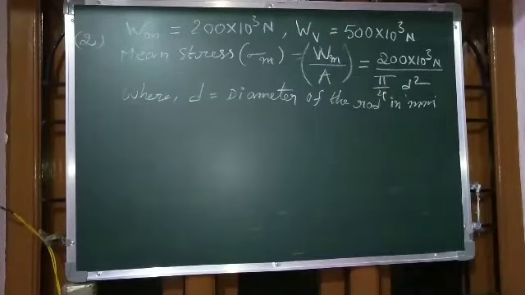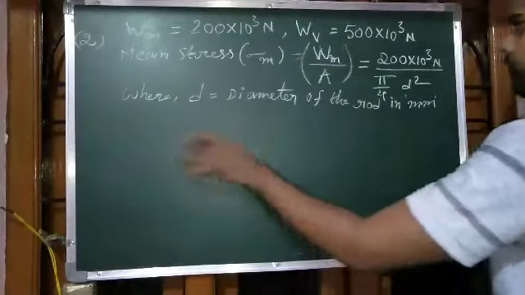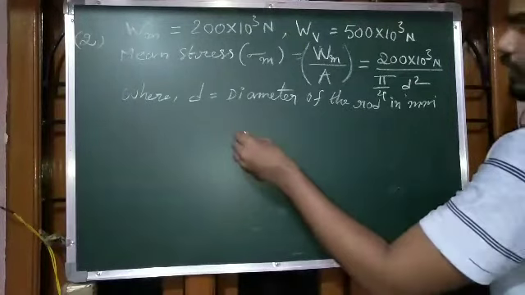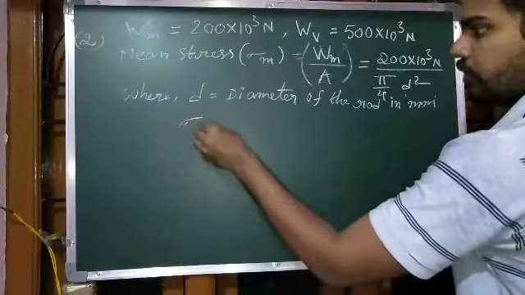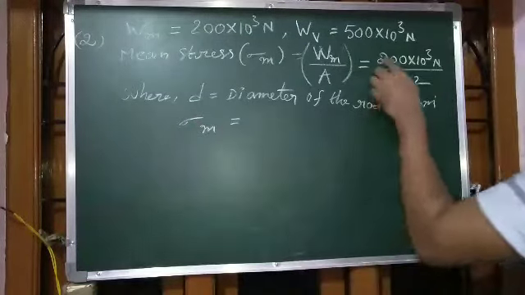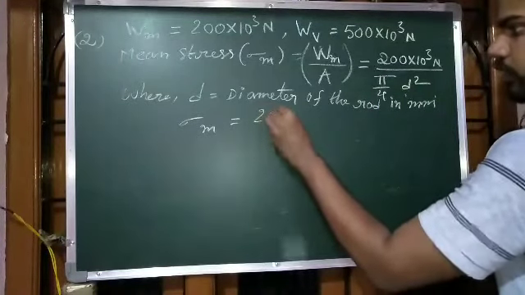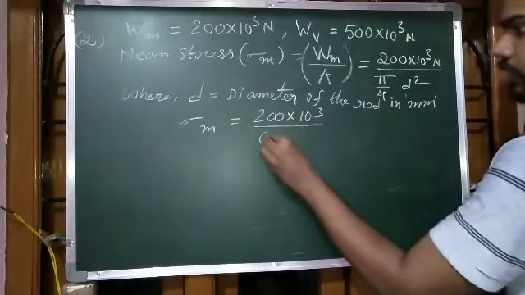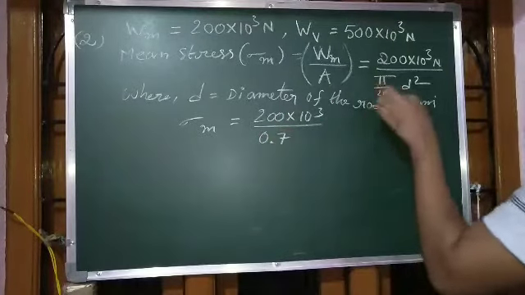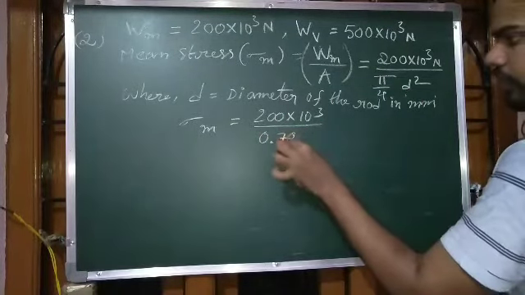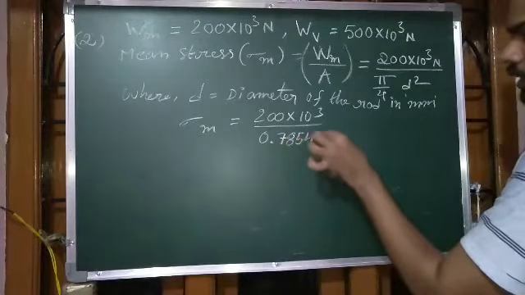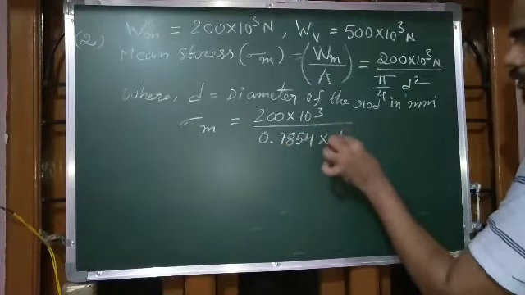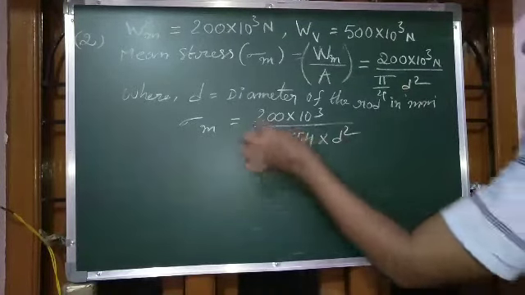Pi by 4 means 0.7854. Then sigma m is equal to 200 into 10 cube divided by 0.7854 into d square.